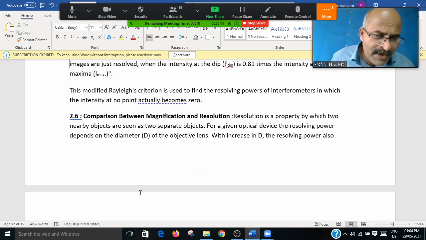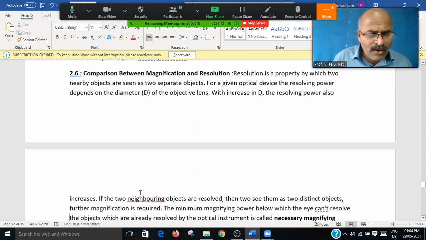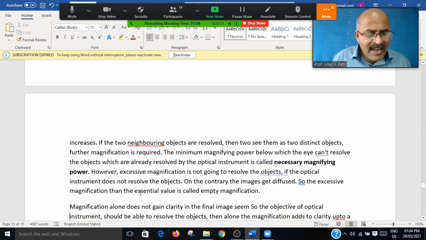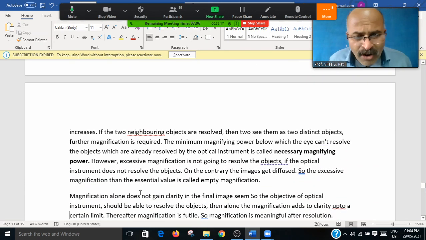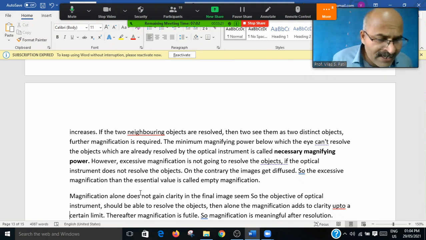The resolving power of an optical device depends upon the diameter d of the objective lens; as d increases, resolving power also increases. If two neighboring objects are resolved and seen as distinct objects, further magnification is required.